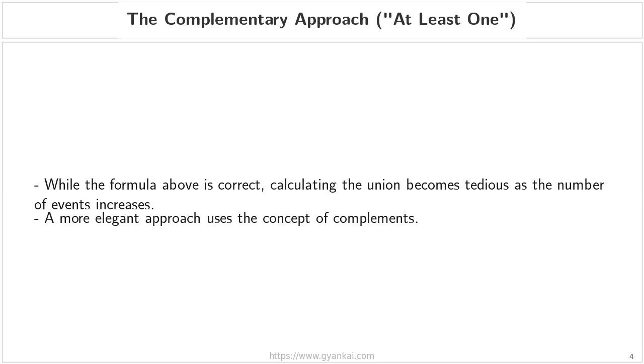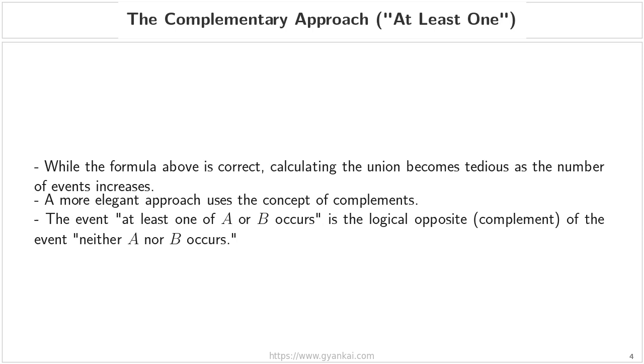Instead, I want to introduce you to a much more elegant and efficient approach using the concept of complements. Think about it this way. The event where at least one of A or B occurs is the exact logical opposite, or the complement, of the event where neither A nor B occurs. In other words, the only way to avoid at least one happening is if none of them happen.